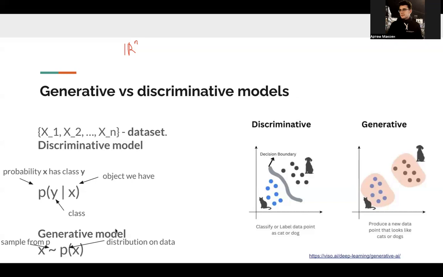For a generative model, we want to sample from the distribution P of X, as we discussed before. Okay, let's go on. This is the difference between generative and discriminative models or tasks.